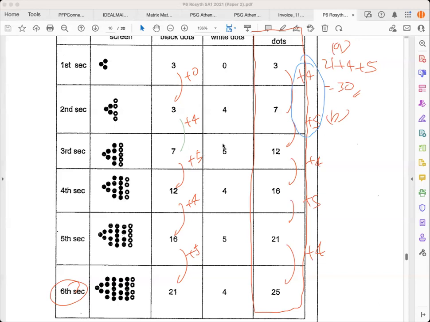So one group is 4 plus 5, right? Now the question is, what is the total number of black and white dots at the 30th second mark? So from the first second to the 30th second, how many groups of 9 are there? That's actually what you're supposed to find out.